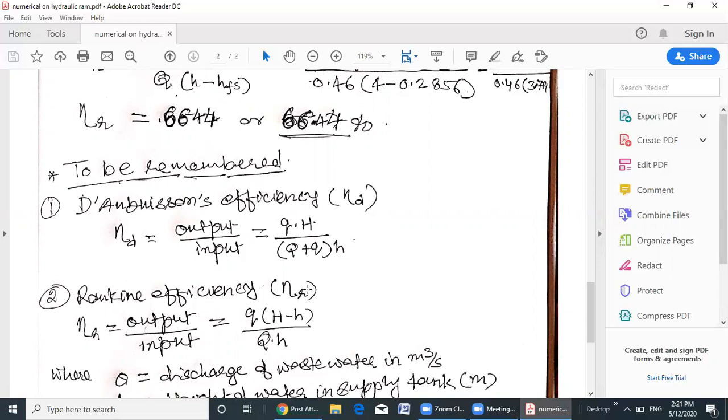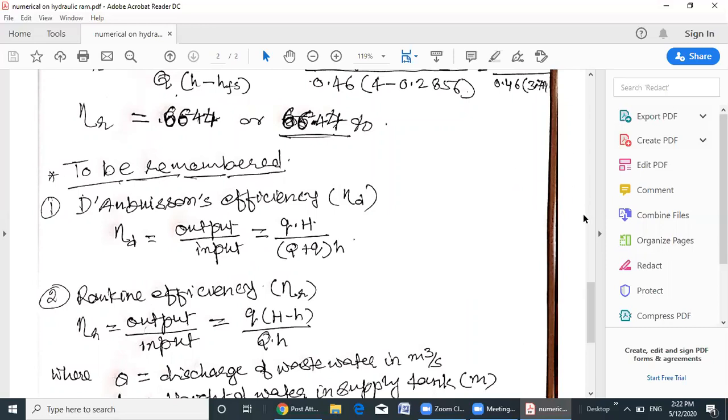So you should know clearly the definition of D'Aubuisson efficiency as well as Rankine efficiency. Generally, it is often asked in your theory exam also.